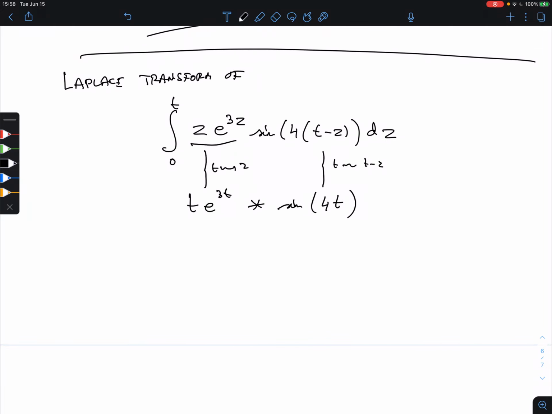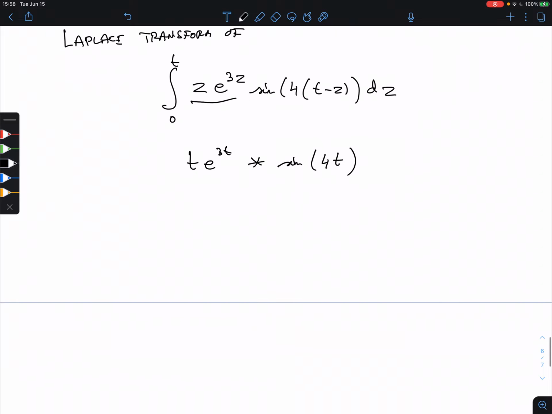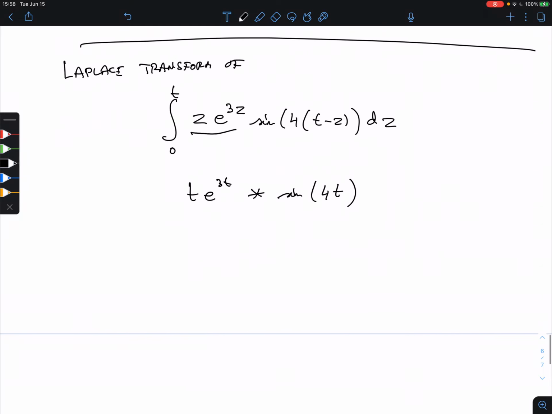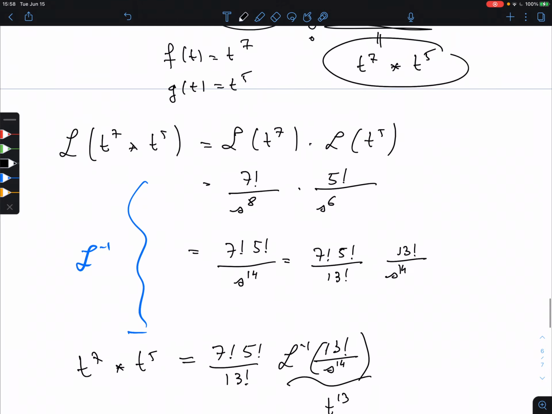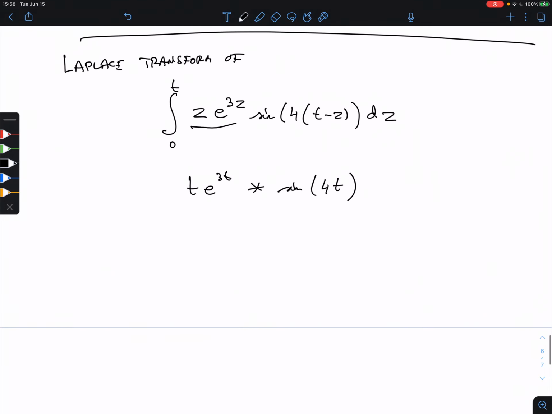And now we do exactly the same thing as we did in the previous case. We take the Laplace transform of this, t e to the 3t star sine 4t.